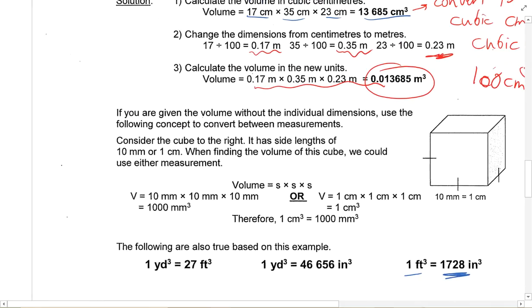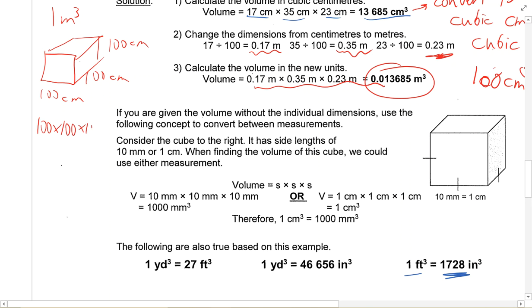So 1 meter cubed would be 100 times 100 times 100 in centimeters. So this is 1 meter cubed. If I multiplied 100 times 100 times 100, that would be a whole bunch of zeros. 1, 2, 3, 4, 5, 6.